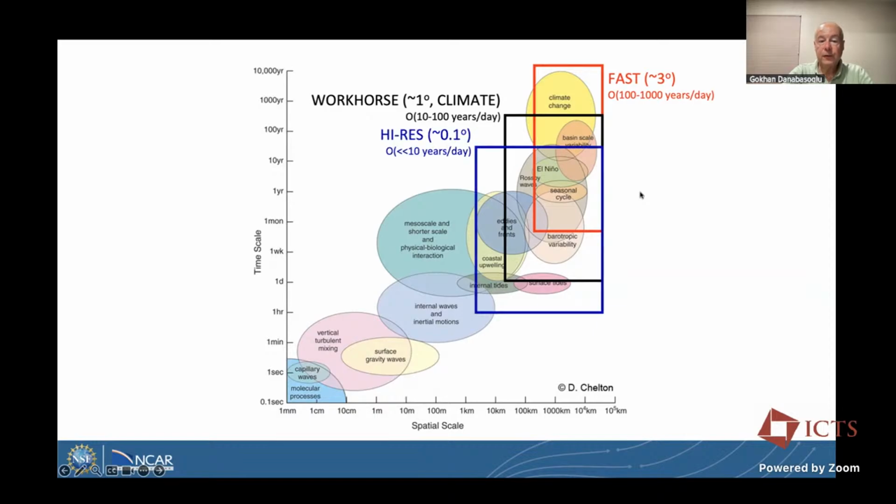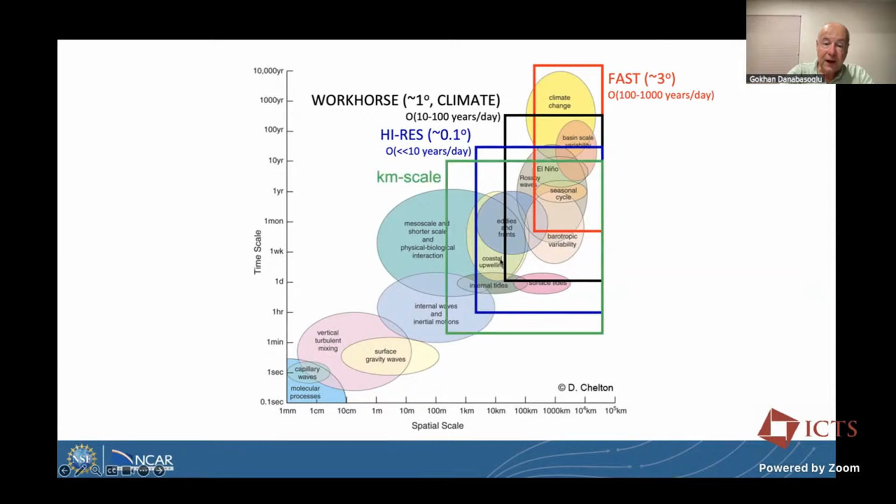On Monday, I also included nominal tenth of a degree horizontal resolution, and then I also included this green box area to represent kilometer scale modeling. But today, we'll be talking primarily about how we do these in 1 degree and perhaps in tenth of a degree simulations.